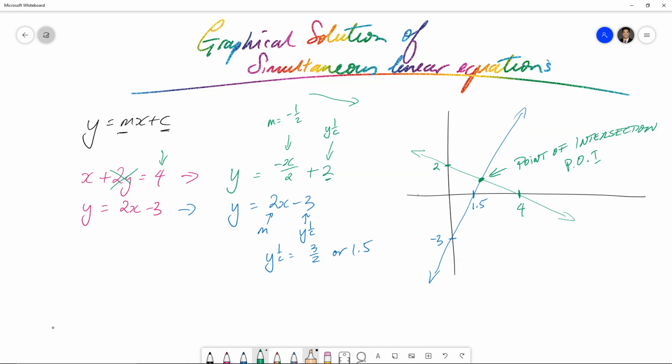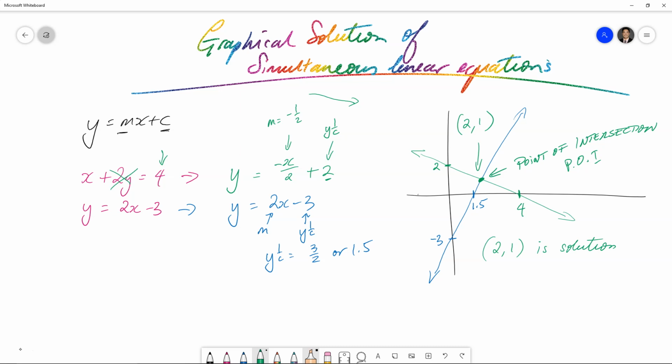Now, graphically, if you had everything to scale, we'd be able to assess it through this. This is going to be 2 and 1. So we can say that 2 and 1 is the solution for this pair of linear equations.